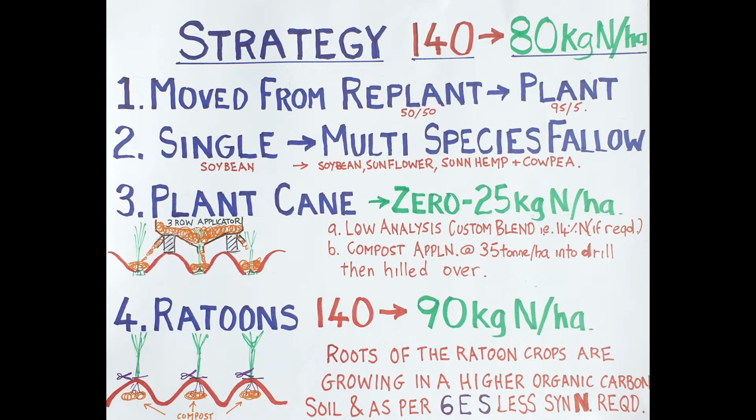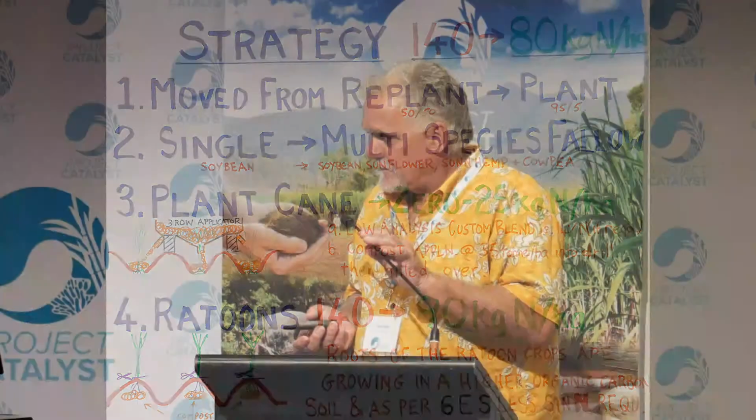So our strategy for our plant cane, we've got this little wagon that when the cane's at the hill up stage, as up in the north here we plant in drills and furrows, and when the cane's about 1 metre tall, typically where you would then go and top dress with fertiliser, that's when we go through with a little 3-row applicator, and we put in 35 to 40 tonne of compost per hectare. It goes into the bottom of the drill, and then it gets hilled over.